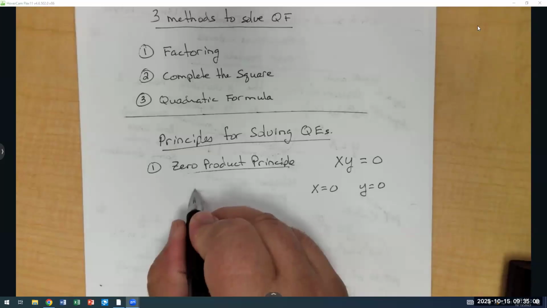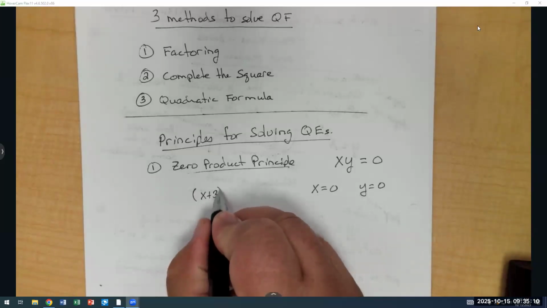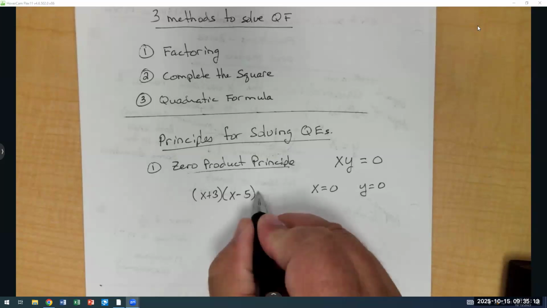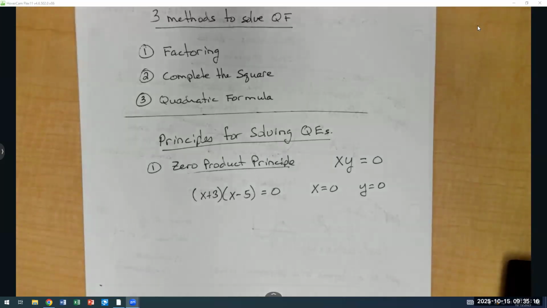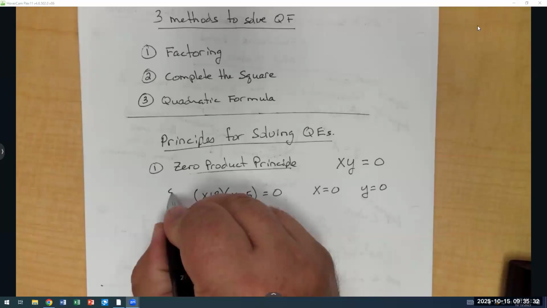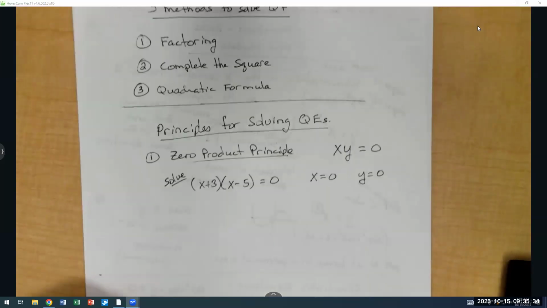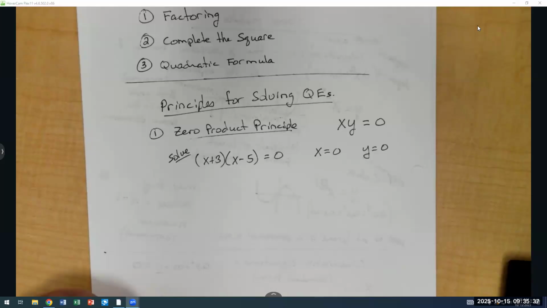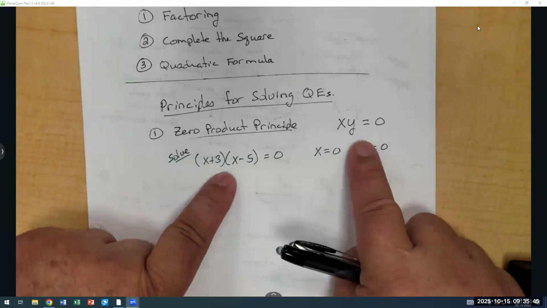For example, if I gave you this, what would my x's be to make those equal to zero? Here, because it's an equation, equations you solve. How would you solve that? Does that look like this?